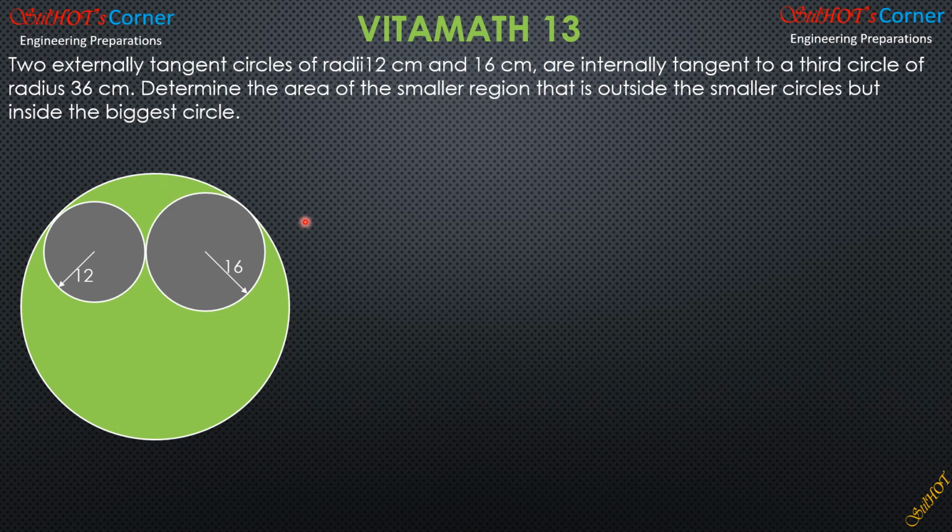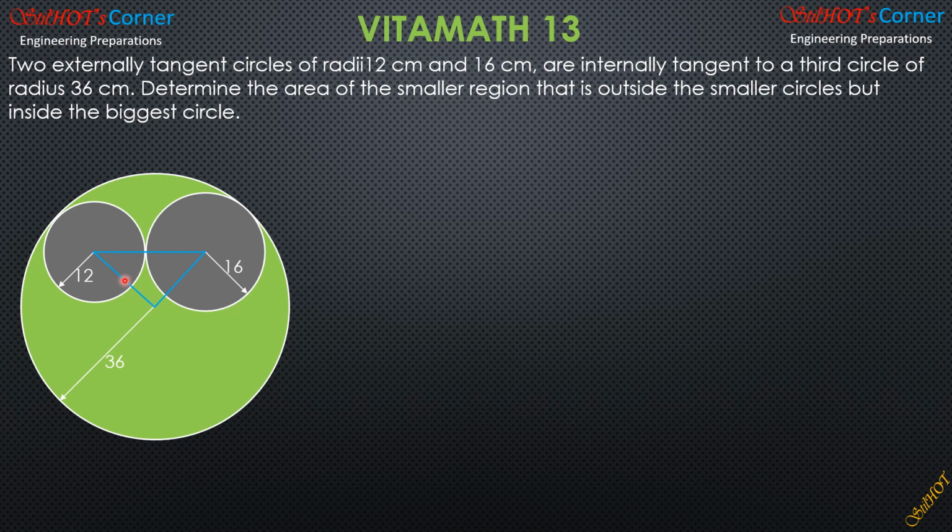So to help analyze the situation, having located the centers of the two small circles, let's have the center of the biggest circle, which is 36 cm in radius, and let's connect the centers with a triangle so that we can analyze the situation.